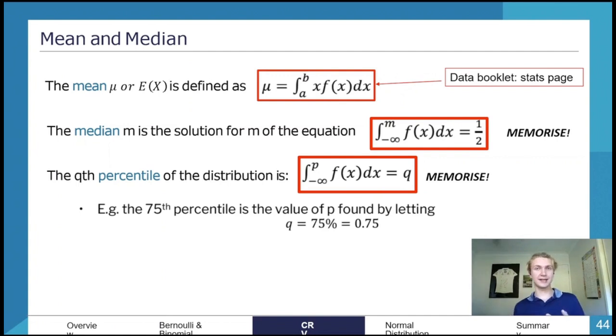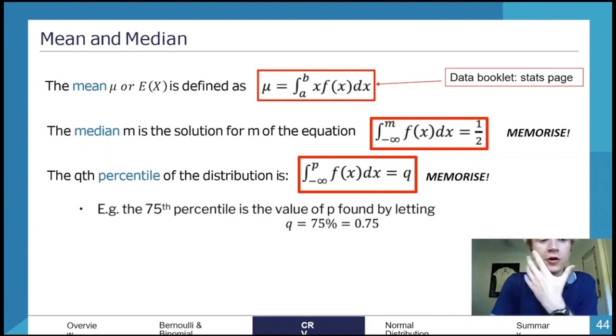What you'll notice is this should look fairly familiar. This is for continuous random variables. This is what I was talking about before when I said this is how we calculate the mean. This formula is once again stated here, and we're now reinforcing it on this slide.